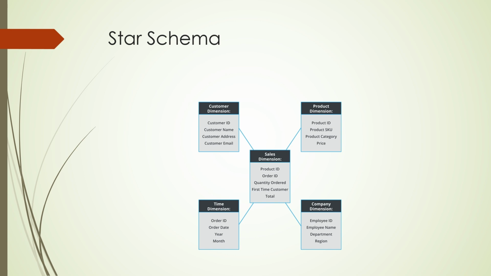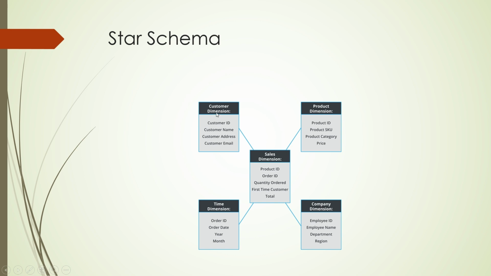The main characteristic of the star schema is that it creates denormalized data that enables quick query responses, as the primary key in the dimension table is joined to the fact table as a foreign key.